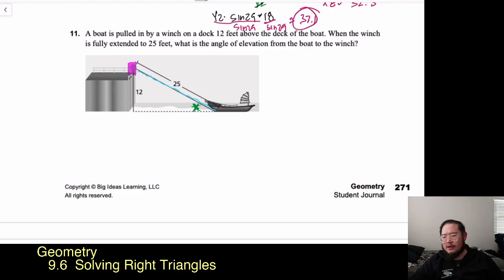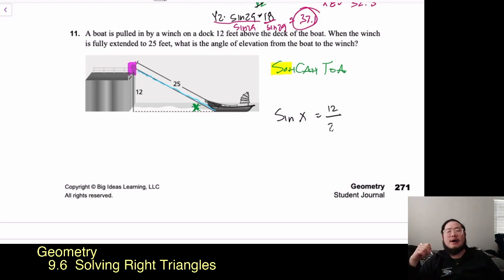SOHCAHTOA. Which one has opposite and hypotenuse? It's your sine function. So what we're going to go ahead and do is use sine. I've got sine of X, because that's the missing angle. It is opposite over hypotenuse of 25. And then we go ahead and solve things. Now, if I want to find the angle, you just can't put 12 over 25.